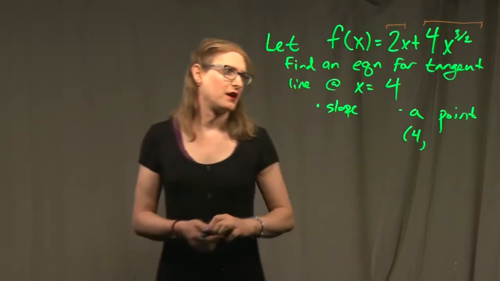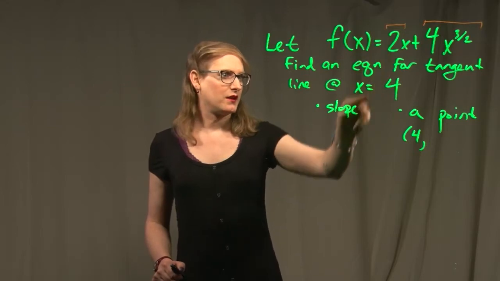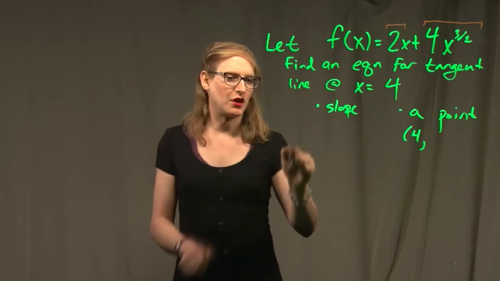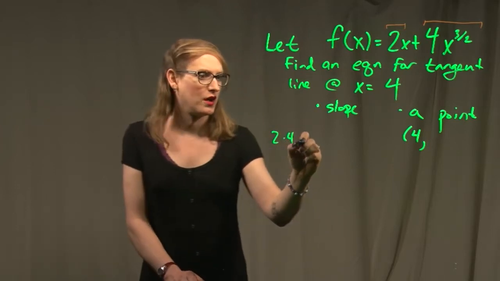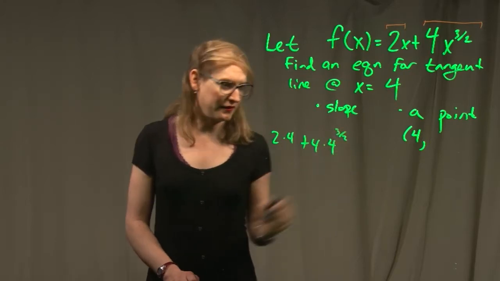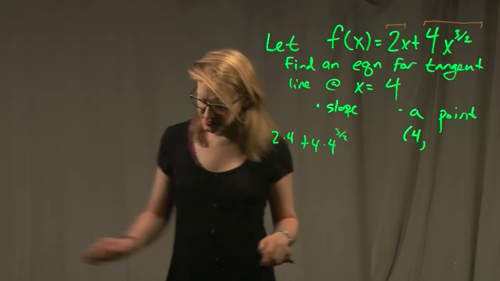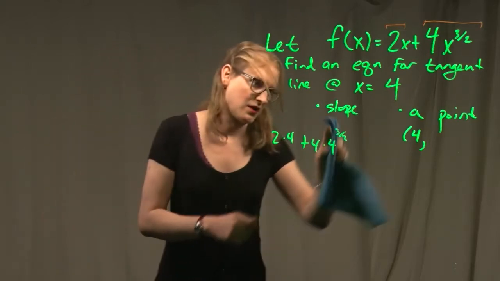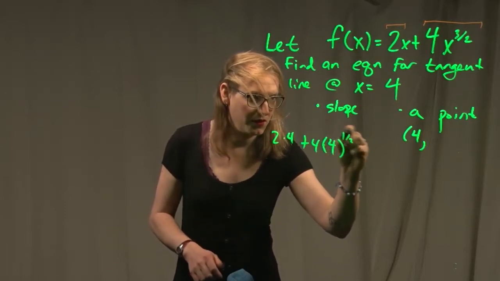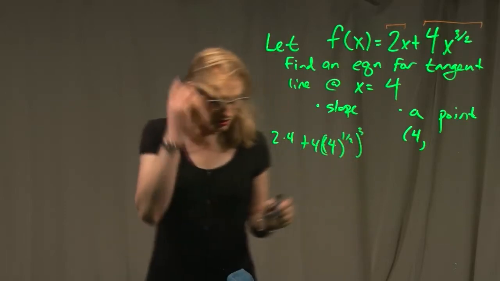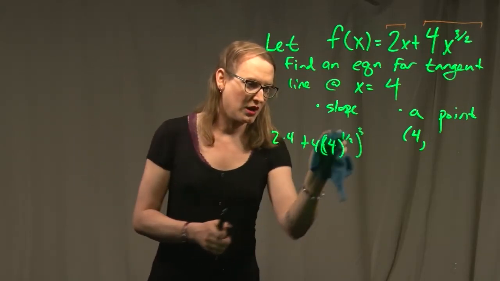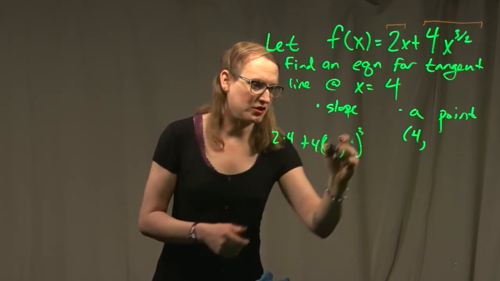If I do that, instead of x up here I'm going to have 4, so I'm going to have 8 from that term. So I'm going to have 2 times 4 plus 4 times 4 to the 3 halves, which is the same thing as 4 to the 1/2, cubed. 4 to the 1/2 is the square root of 4, so that part on the inside is just 2.